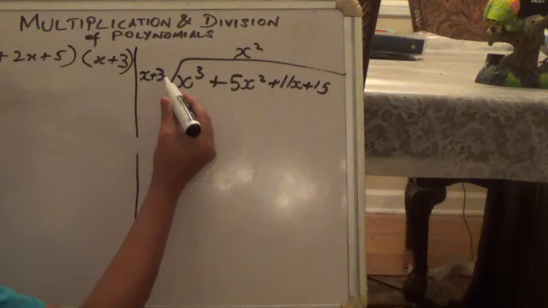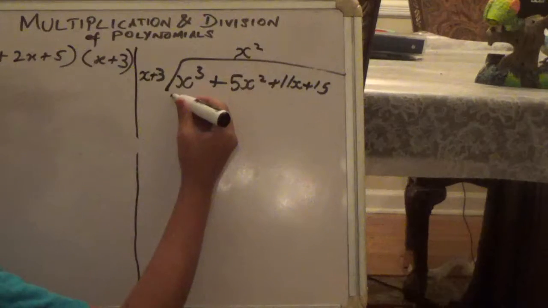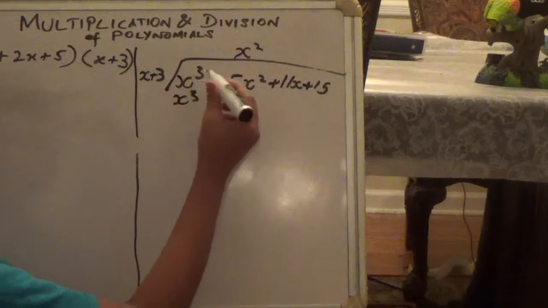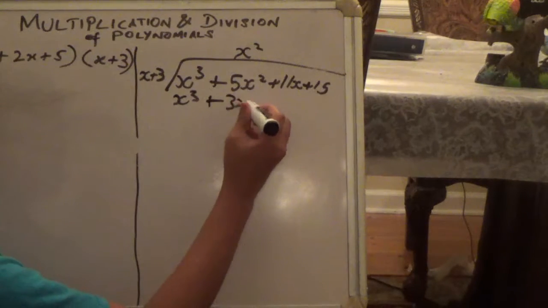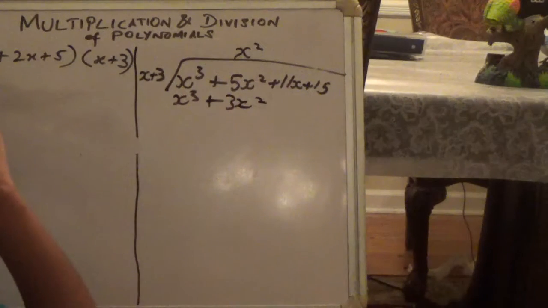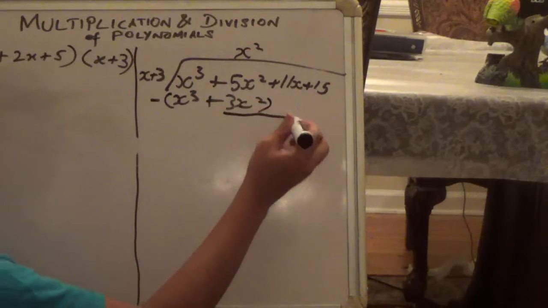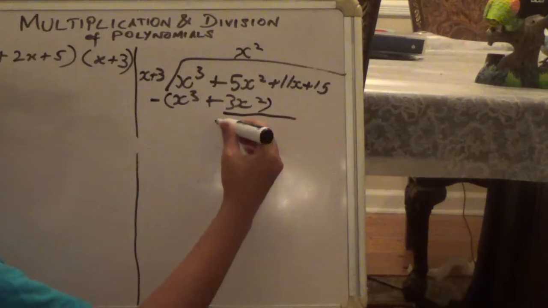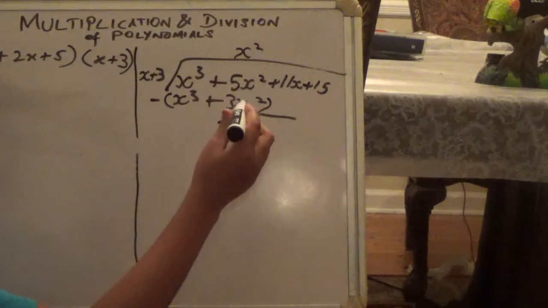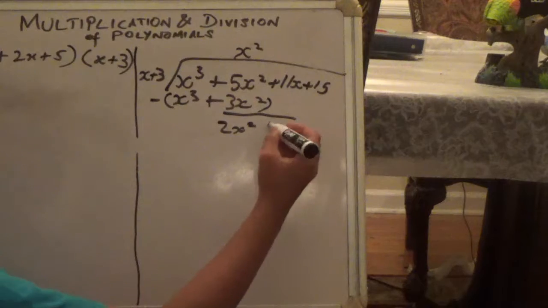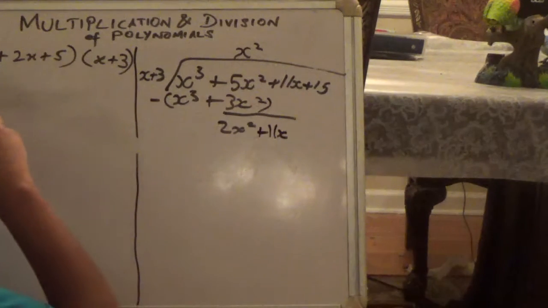So x plus 3 times x squared. x times x squared is x cubed. 3 times x squared is 3x squared. Okay, so subtract this and move on. 2x squared, because we're subtracting a positive, and 5 minus 3x squared is 2x squared, plus 11x.